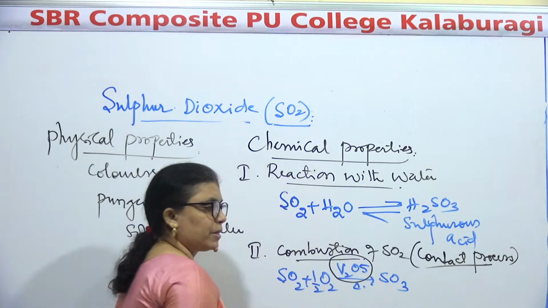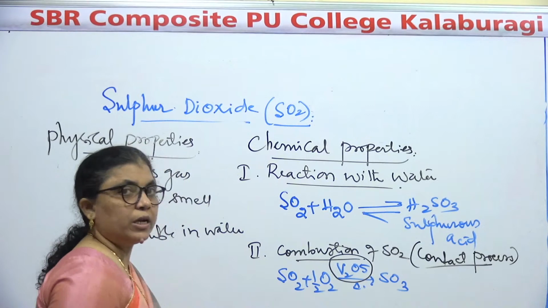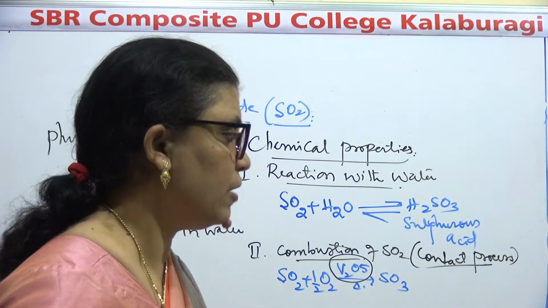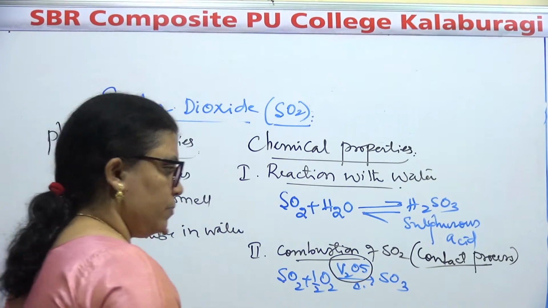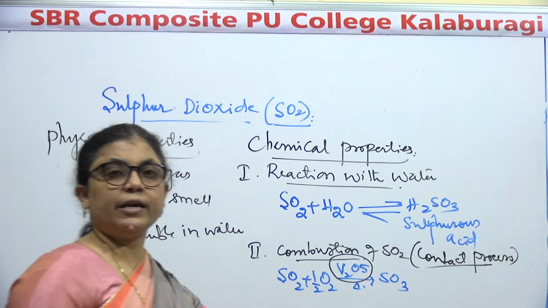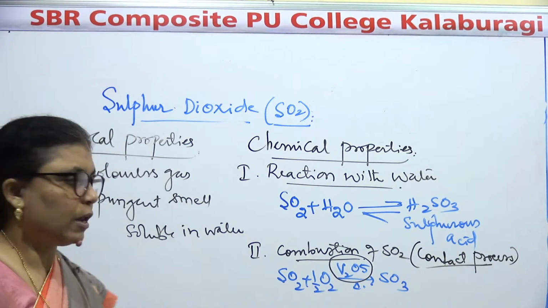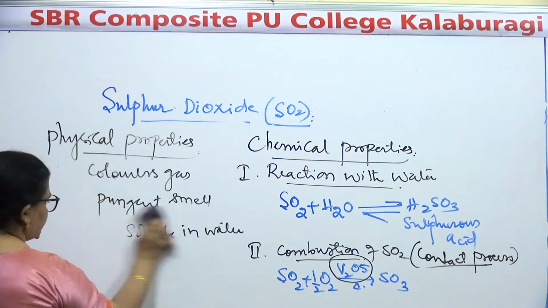This method is named the contact process for the manufacture of sulfuric acid.